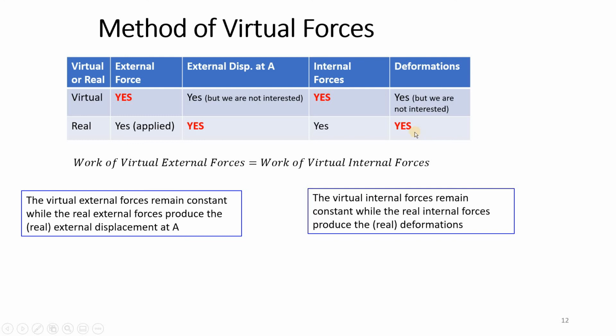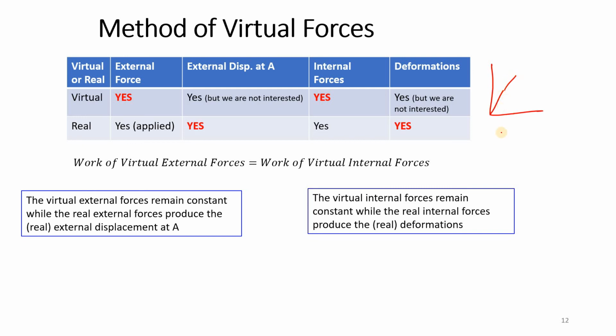So while real deformations are being produced, these forces remain constant. Why? Because those were applied in the first stage. Just recall our initial discussion in which we discussed the P versus X relationship. It is equivalent to considering the work of P naught while delta prime is produced in our previous discussion, if you can recall. Just recall that figure.